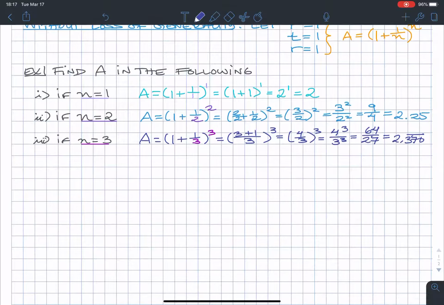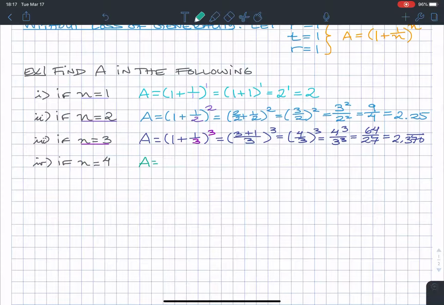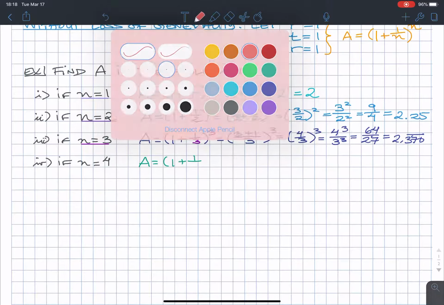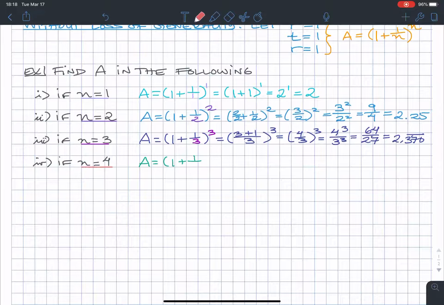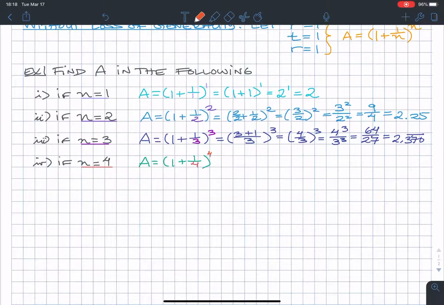Let me do a few more. Number 4, let n be equal to 4, and then I'll start skipping a bit because this is getting a bit repetitive. The amount now will be equal to 1 plus 1 over 4, all raised to the n, which is 4.